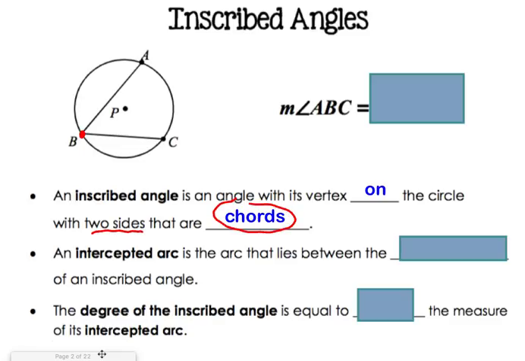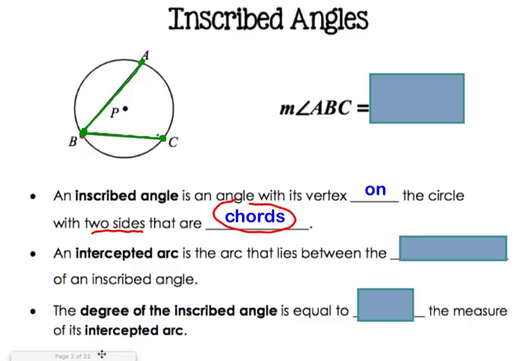If we review, a chord is a segment that has its endpoints on the edges of the circle. So BC is a chord, as is AC. That is a chord. It has both of its endpoints on the edge of our circle. So, long story short, angle ABC is an inscribed angle.